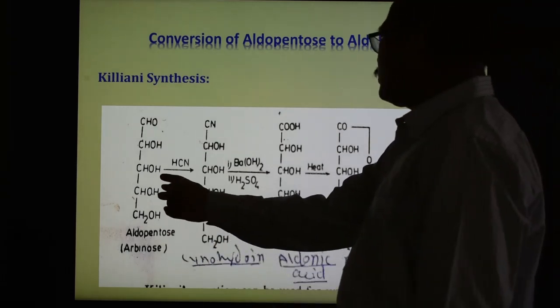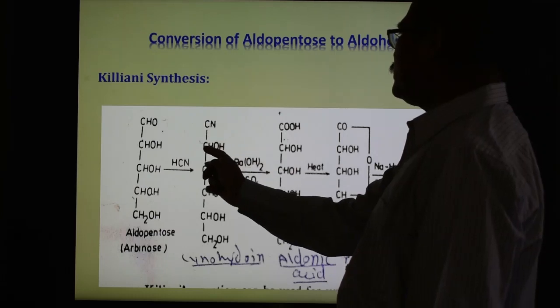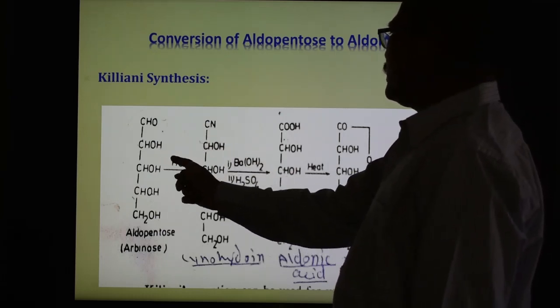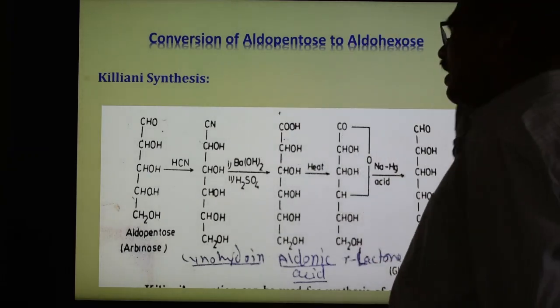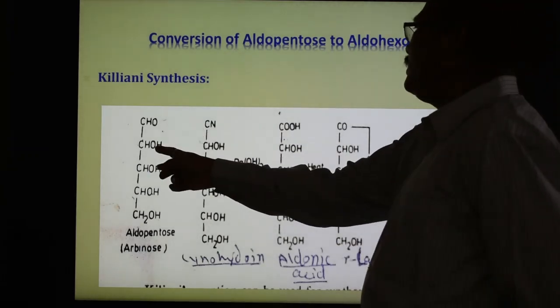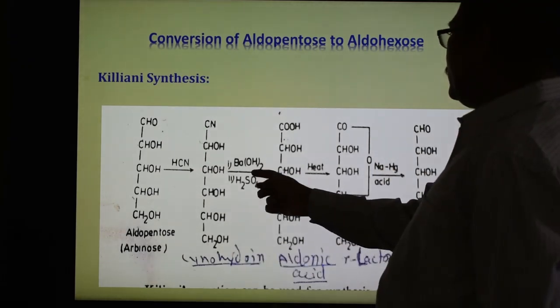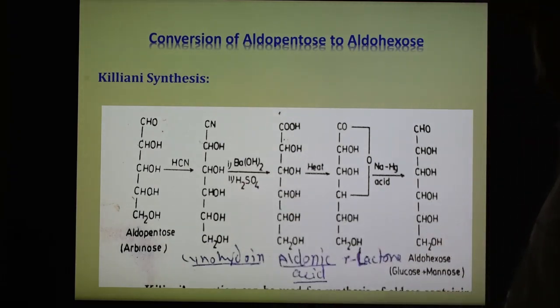In the first step, HCN is added here, CN is added here and H here, CHOH and CN, and after that we get this cyanohydrin compound. Then it reacts with barium hydroxide in the presence of sulfuric acid.